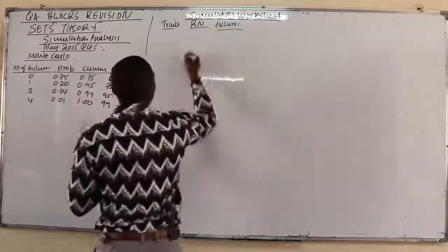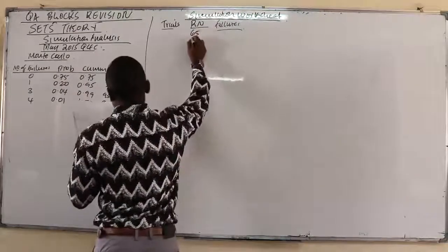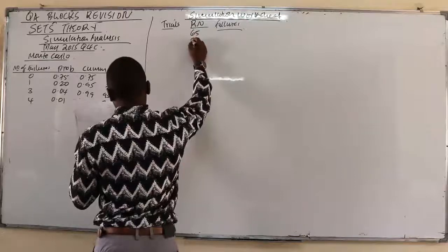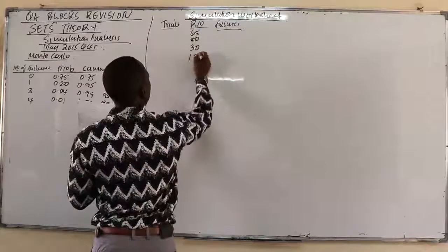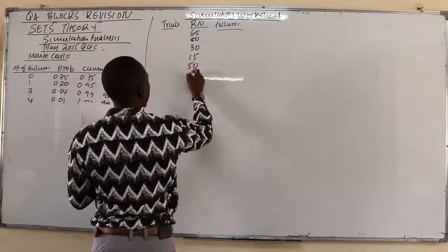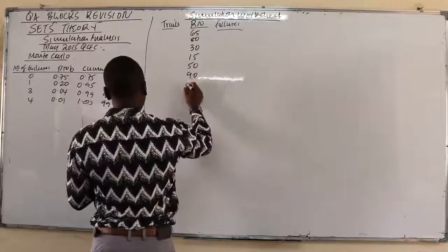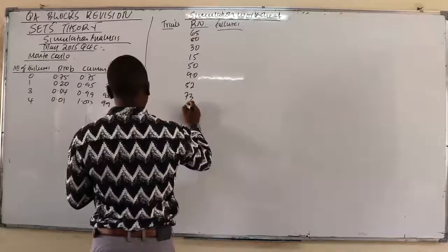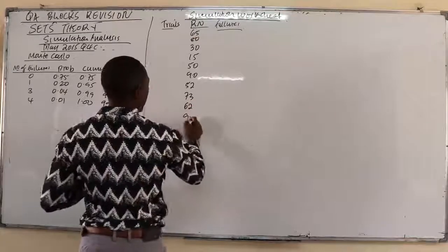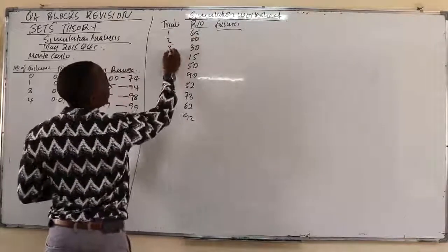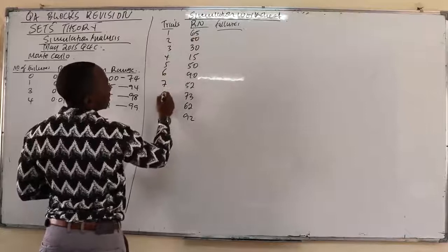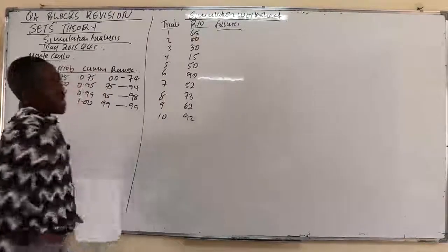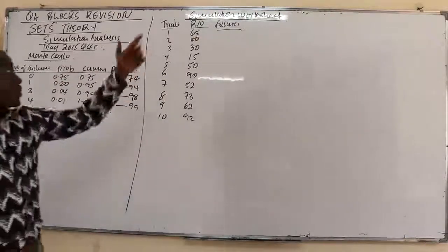And the random numbers we have are 65, 80, 30, 15, 50, 90, 52, 73, 62, 92, for trials 1 to 10. As simple as that.